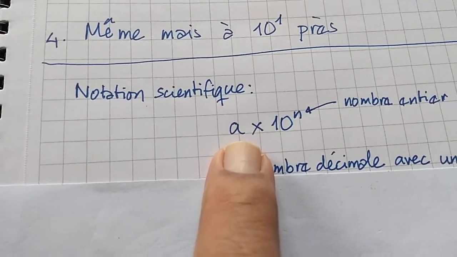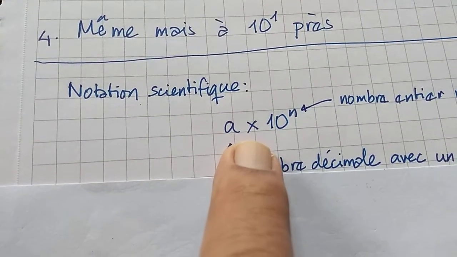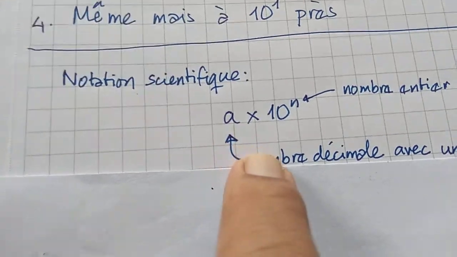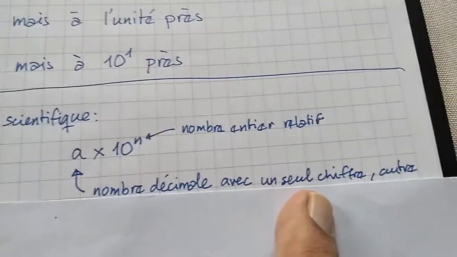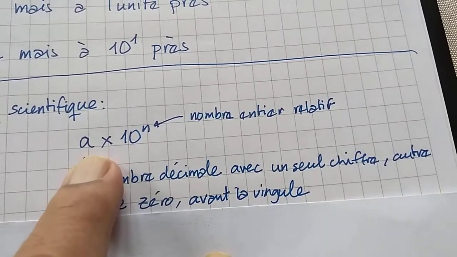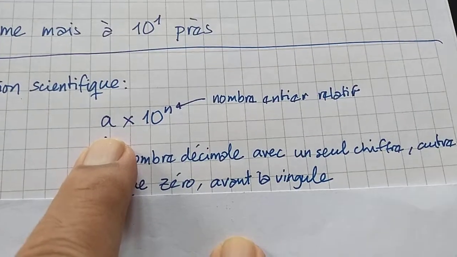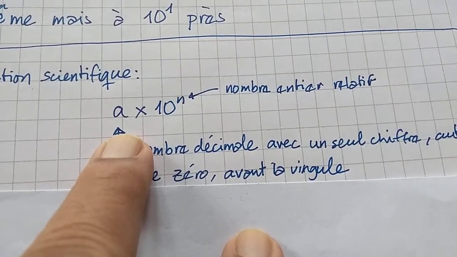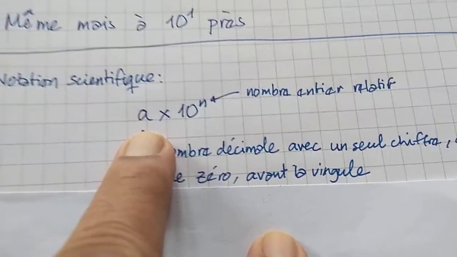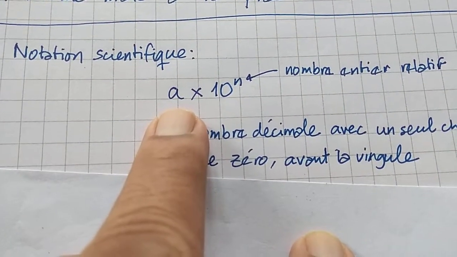So this is the form of the number in scientific notation A, where A is a nombre décimal avec un seul chiffre autre que 0 avant la virgule. So A can be 1 point something, 2 point something, 3 point something, up to 9 point something, but not 0 point something.